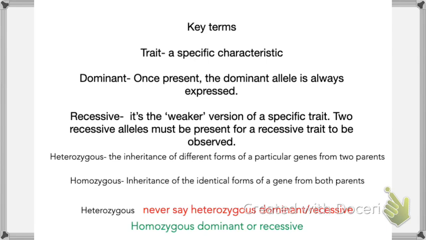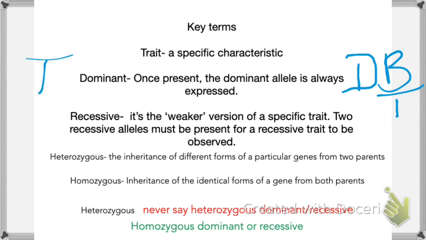The dominant trait, when it's present, will be shown by a capital letter. Let's say D, capital D. Let's say B, capital B, capital T. It matters not what the characteristic is, but you can choose to represent it with letters. Oftentimes, if we're talking about height, we would say T for tall, right?